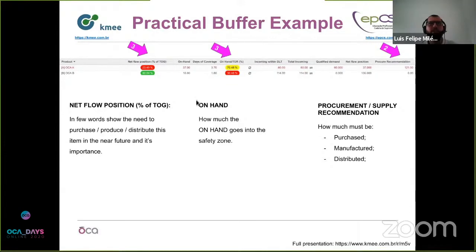And the on hand here shows how much the on hand goes inside the safety zone. And you have here on the right the procurement recommendation that you must run to create a new purchase or a new manufacturing order or distribution.